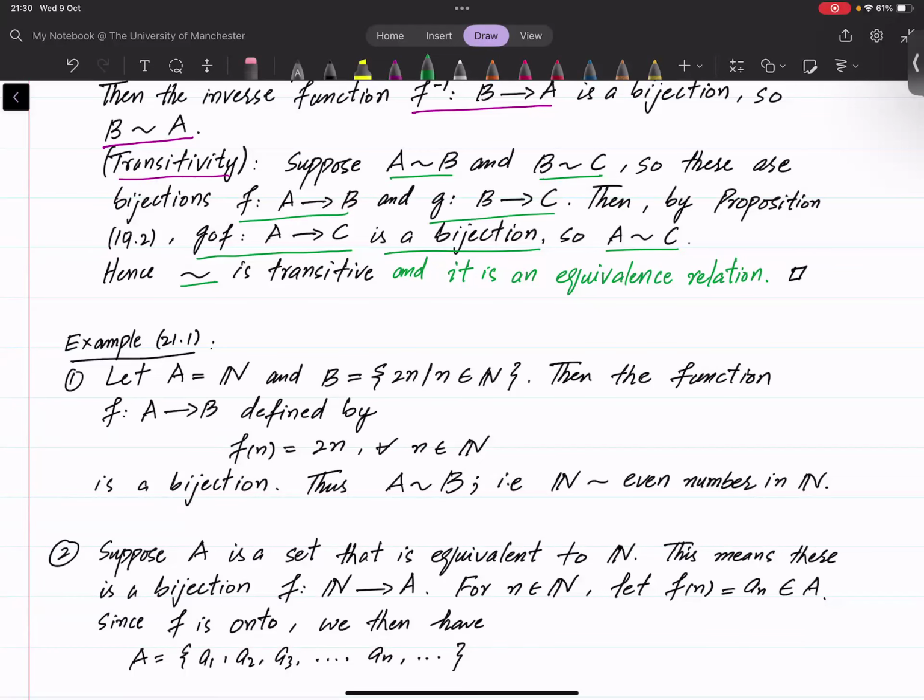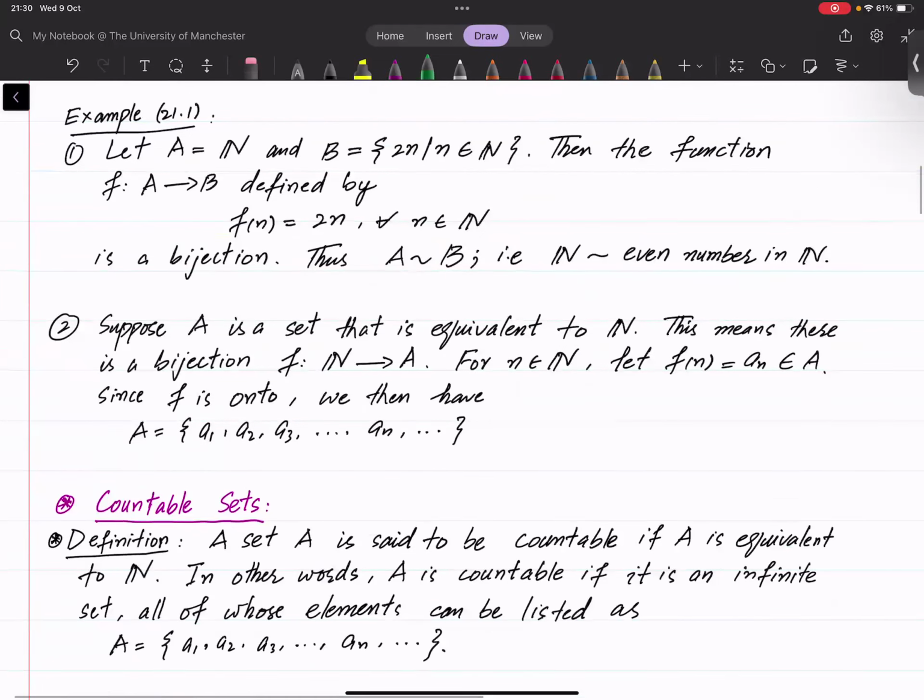Okay, perfect. Now let's give an example. Example 21.1: let's take a set A, which is the natural numbers, and a set B, which is the set of even numbers, and we can define even numbers like that.